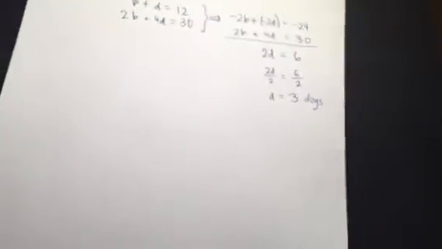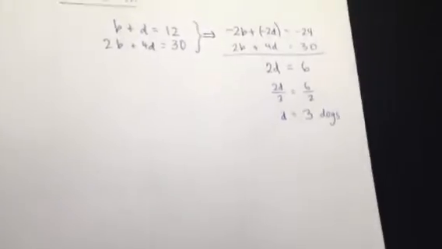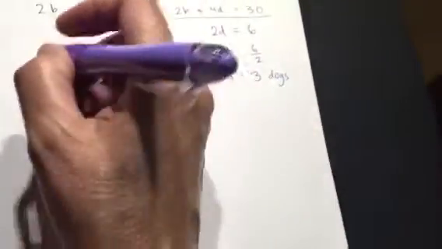This might be what you meant when you said plug a number in. Because what do I do next? Plug 3 in for d. And I could go with either equation. I think b plus d would be the easiest. So I'm going to do that one. So d equals 3. b plus 3 equals 12.